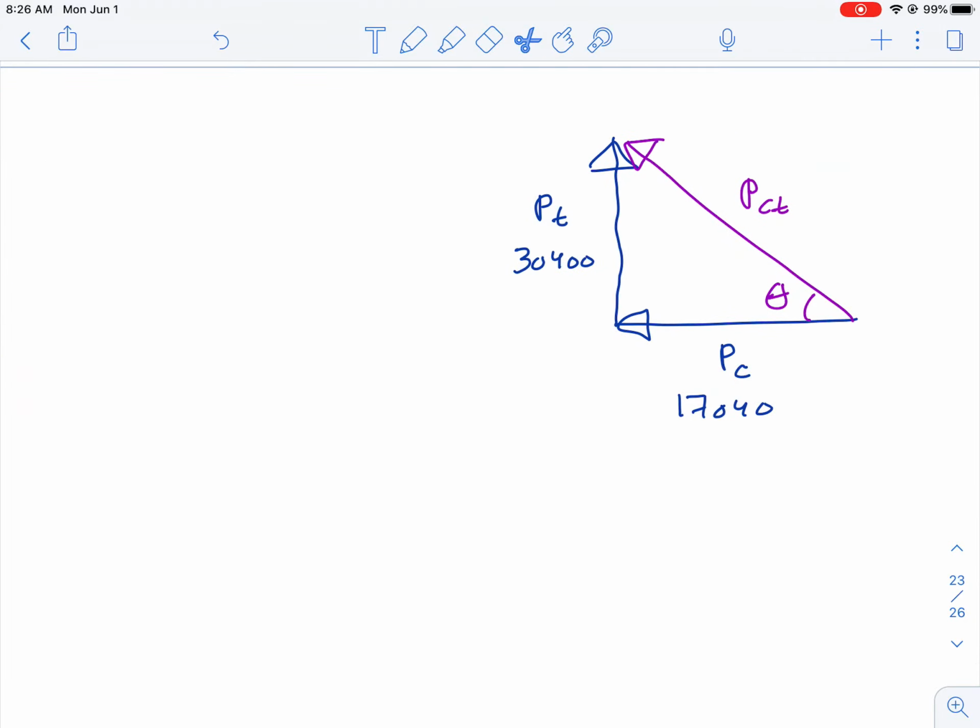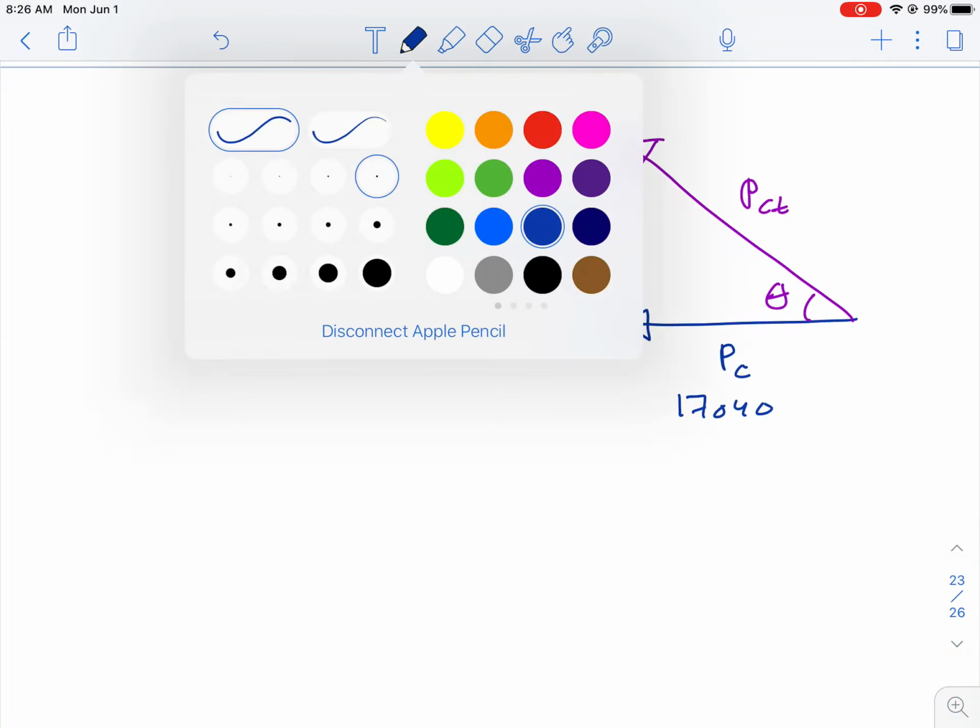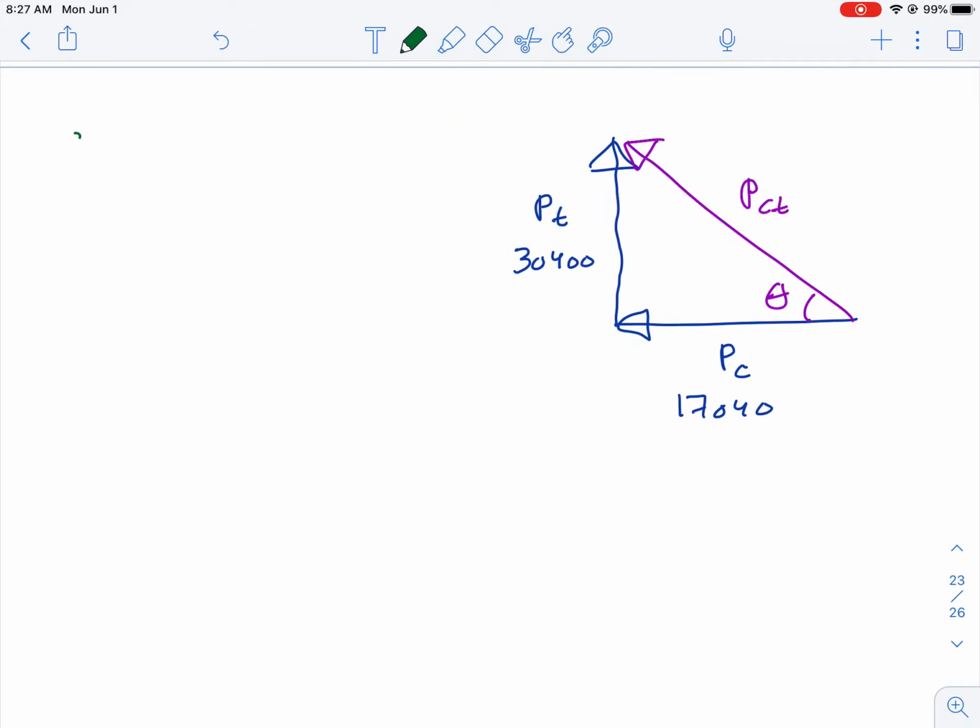Okay, good. So now it's time to analyze the triangle. Well, first of all, we want to do a little Pythag to figure out the hypotenuse here. So we know that in general, c squared is equal to a squared plus b squared, which leads to c being the square root of a squared plus b squared.